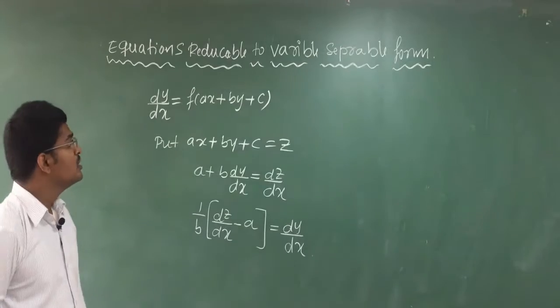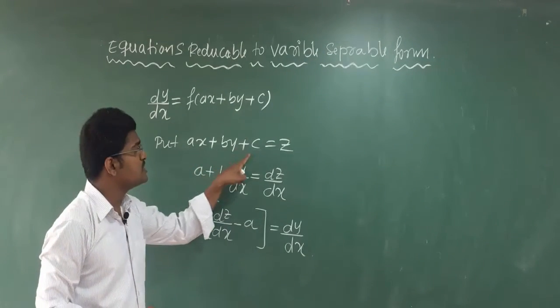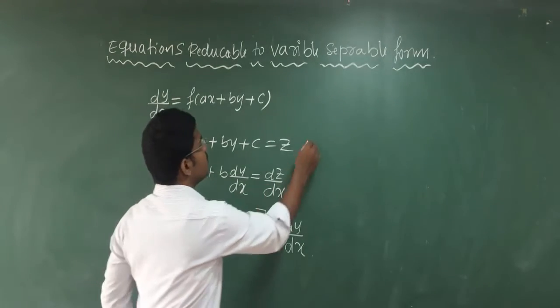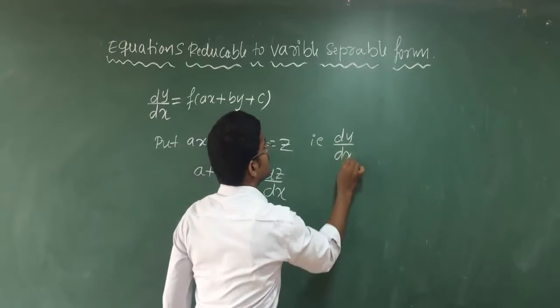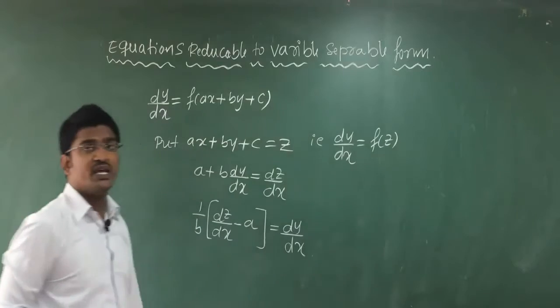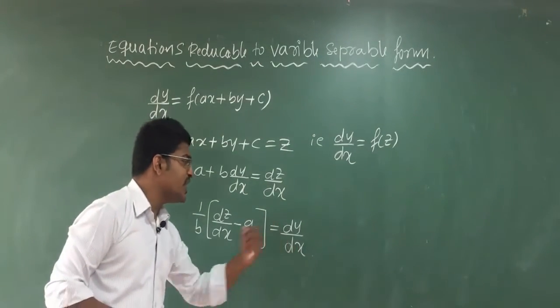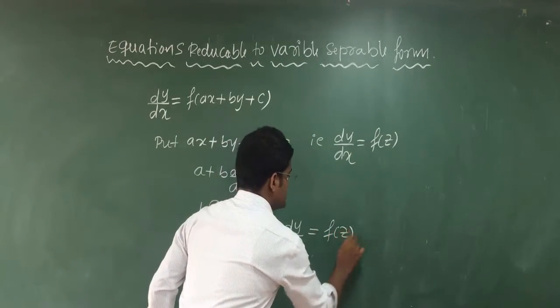Clear students? For that, we substituted ax plus by plus c equal to z. So this equation will be dy by dx equal to f of z. Therefore, in this place I can write it as f of z.